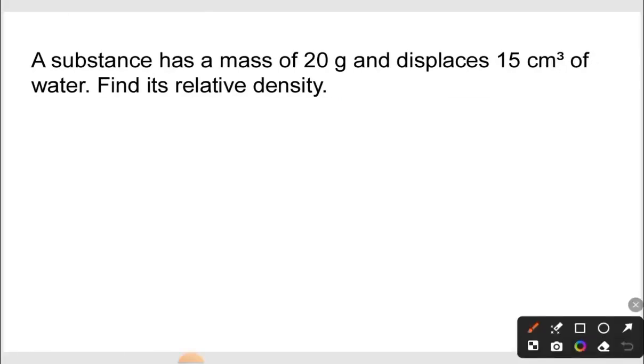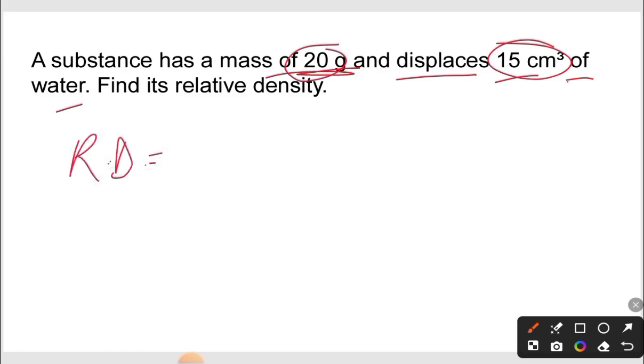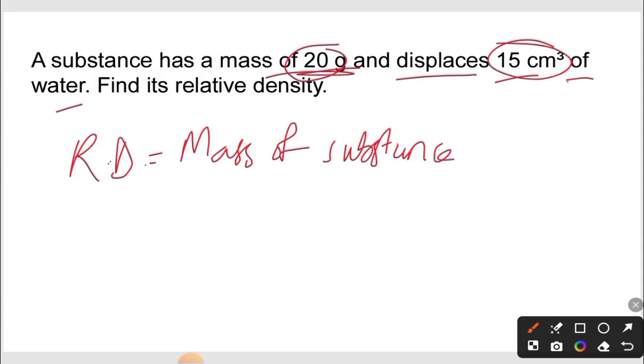Now in the next one, a substance of mass 20 grams displaces 15 cm cube of water. Find its relative density. The volume of water displaced is equal to the mass of water displaced. Relative density equals, over here we are dealing with mass, mass of substance over mass of water.